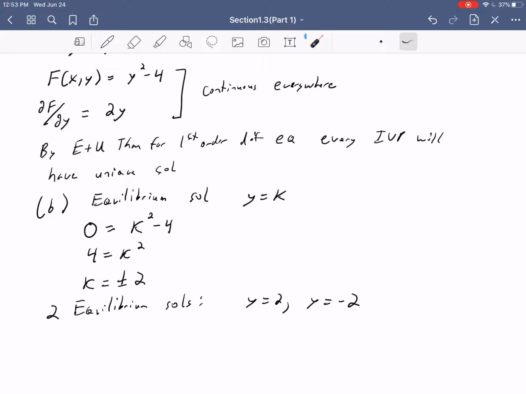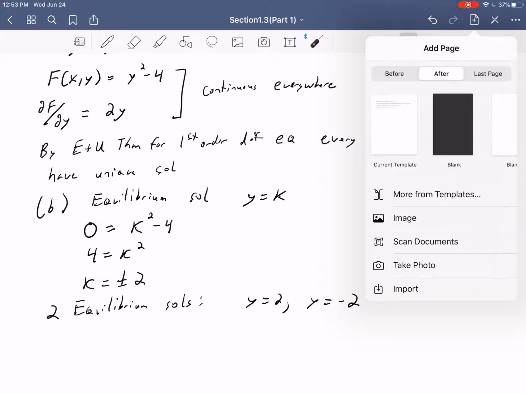All right, now let's go ahead and actually look at building our slope field. We'll give ourselves another page here, zoom in a little bit, and go to part C. For part C, we want to actually try to build our slope field. What information do we have so far? From A, we know solution curves never intersect.